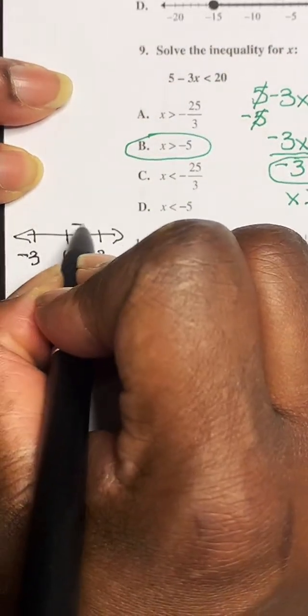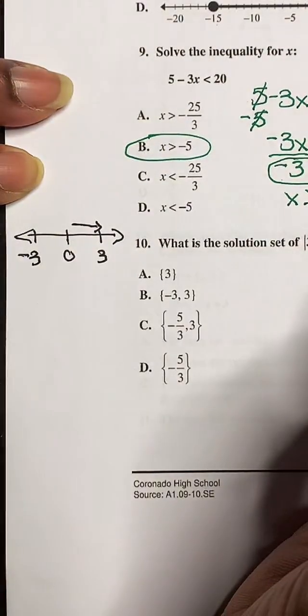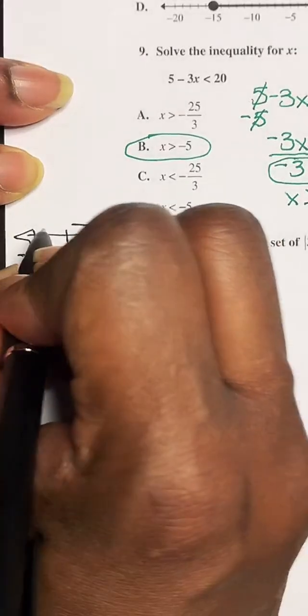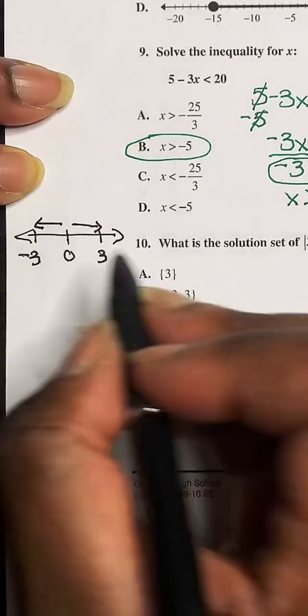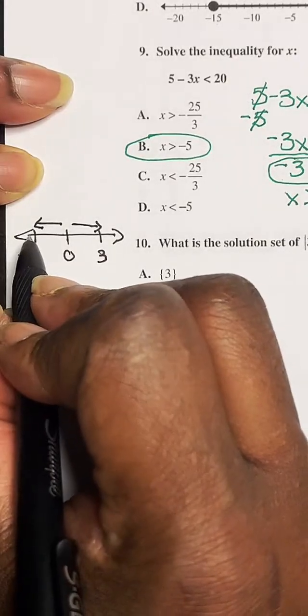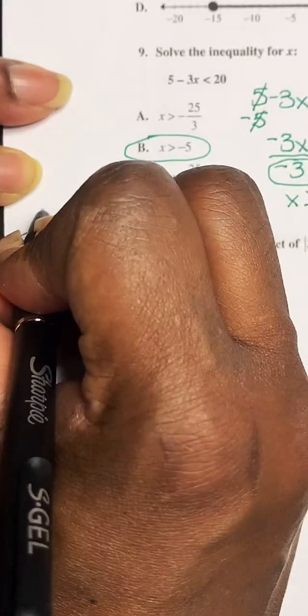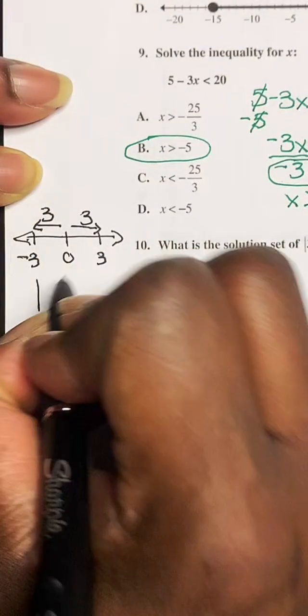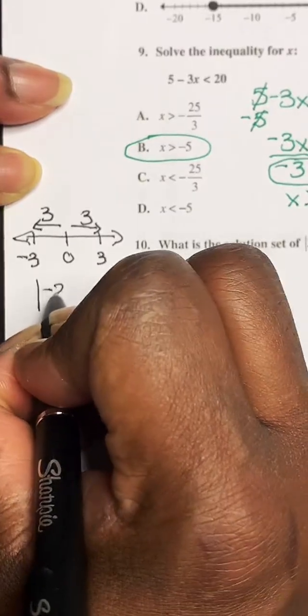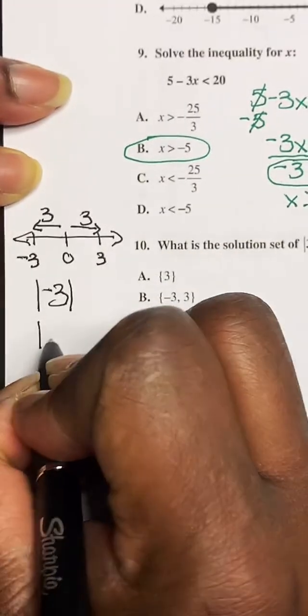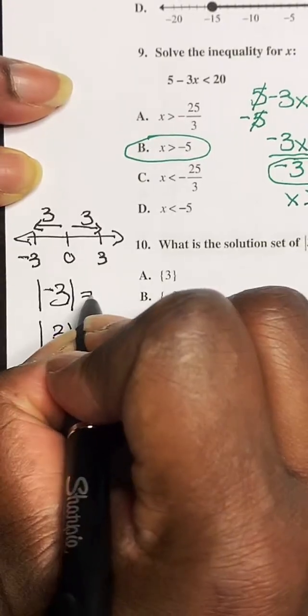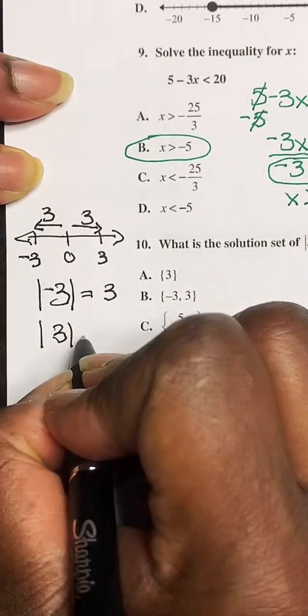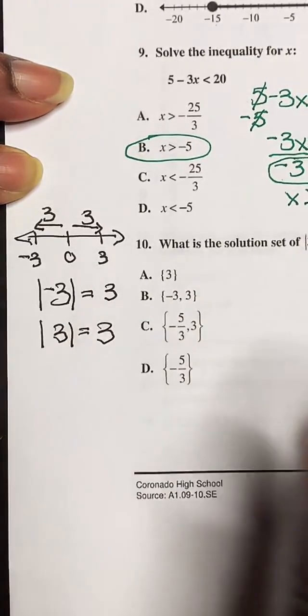This person is 3 blocks away from my house, and this person is 3 blocks away from my house. Although it's in the opposite direction, it's still 3 blocks. That's why the absolute value of negative 3 and the absolute value of 3 both equal 3.